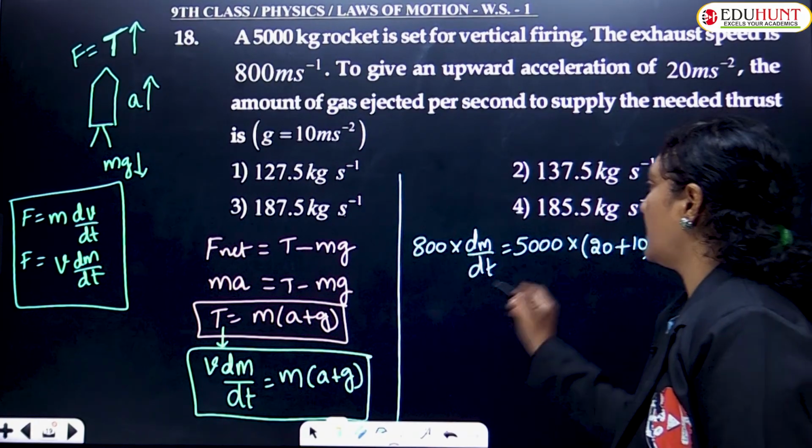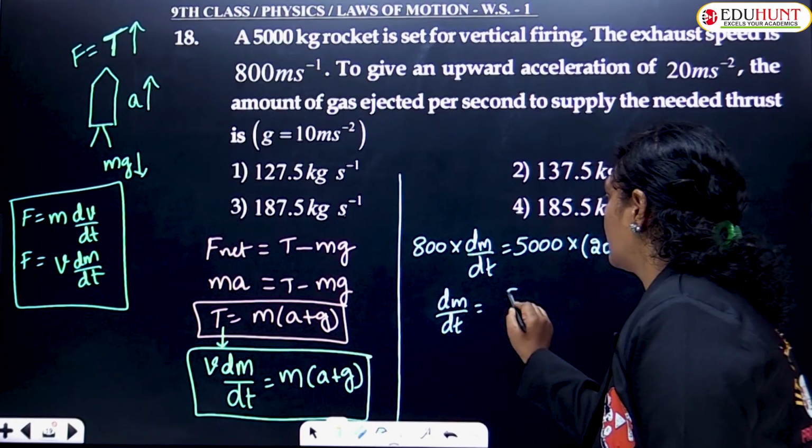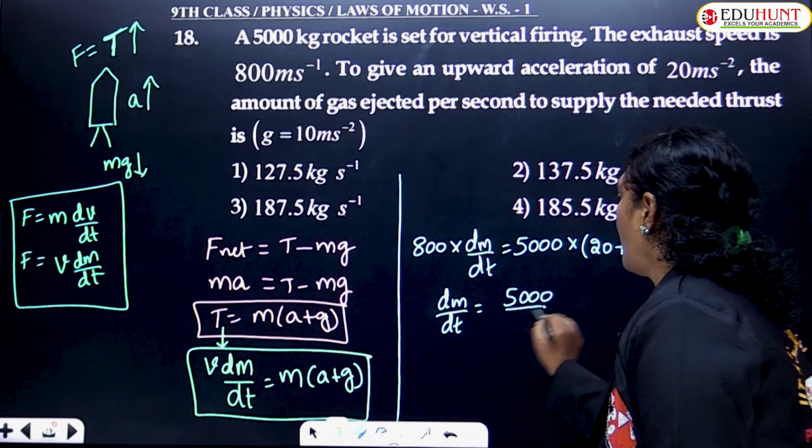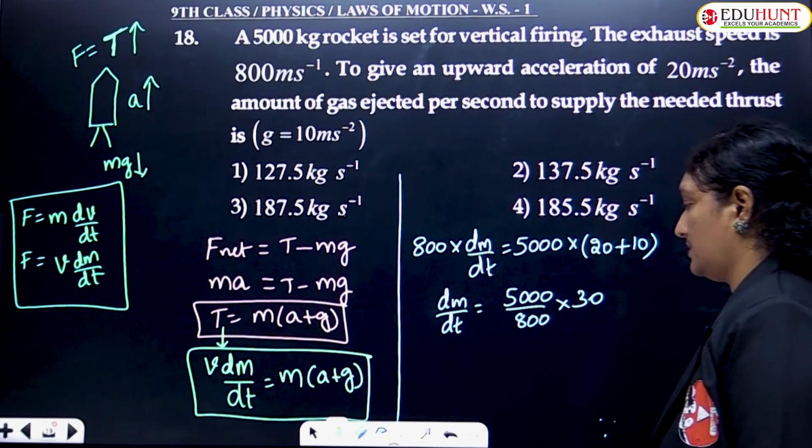Bringing this 800 to the other side, we have dm by dt equals 5000 upon 800 into (20 plus 10), written as 30.